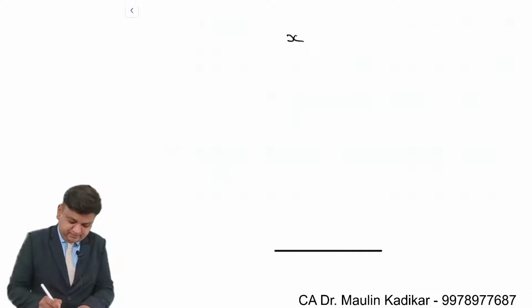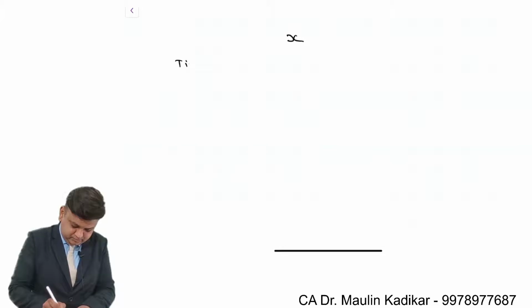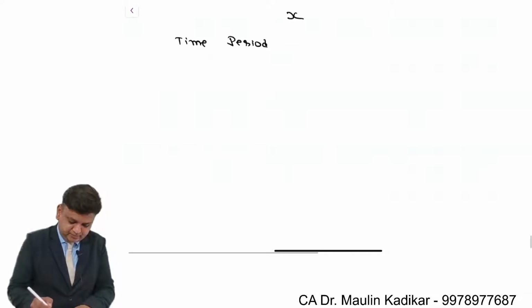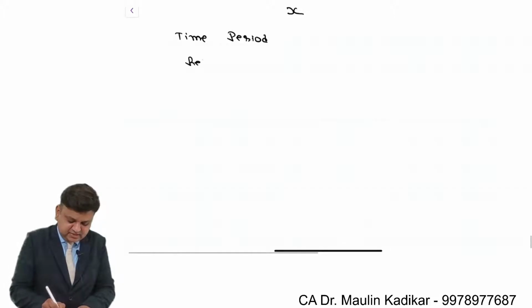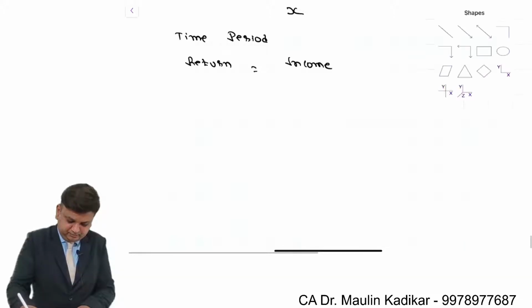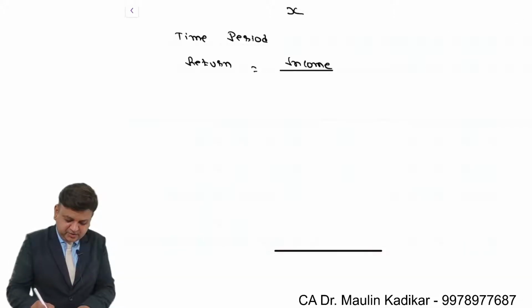For X mutual fund, time period. We understand that the return is equal to income upon investment into 365 divided by n into 100.